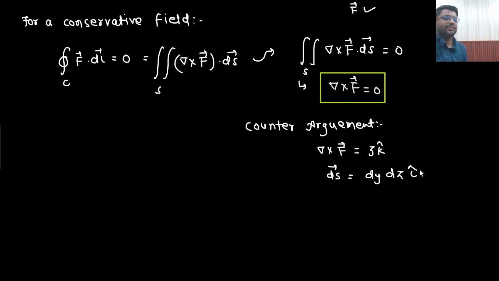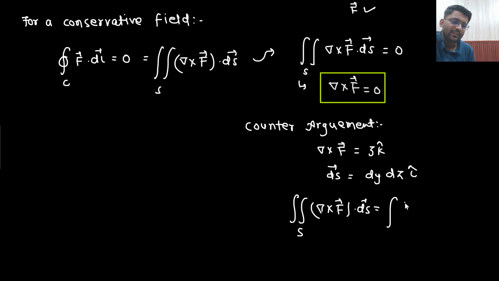Now if I calculate del cross F dot ds over the surface, I don't know what the surface is, I don't care about the surface. I know one thing, it will be 3k cap dot dy dz i cap. K cap dot i cap will be 0 only, sir.